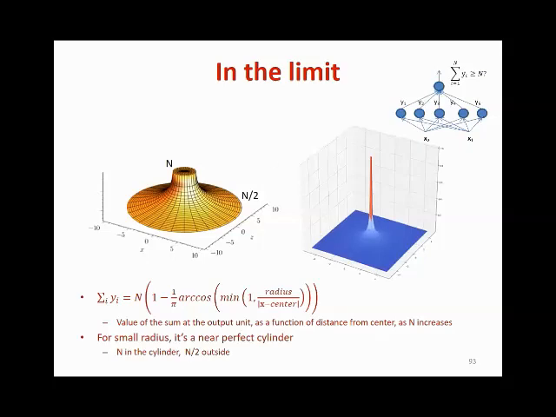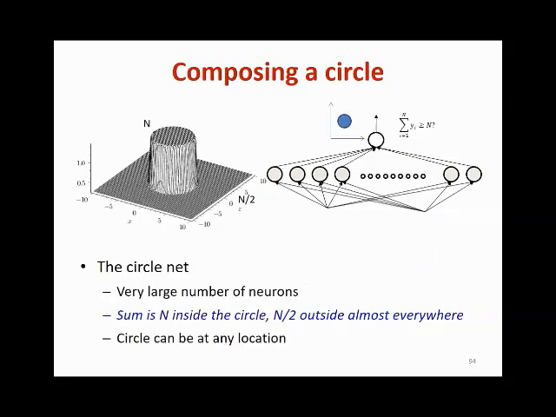Okay. So in the limit, what will happen is that when n becomes very large, for a small radius, this sum eventually ends up becoming something that's arbitrarily close to a perfect cylinder. So roughly speaking, if I have a very large n, then the sum of the outputs of the first layer neurons is going to end up looking like this, with the sum being n inside this nearly circular region, and n over 2 outside.